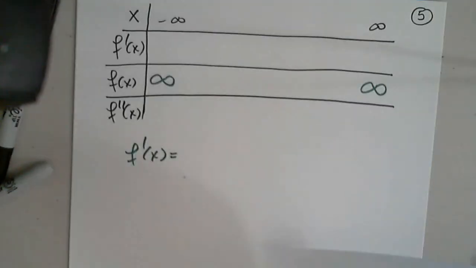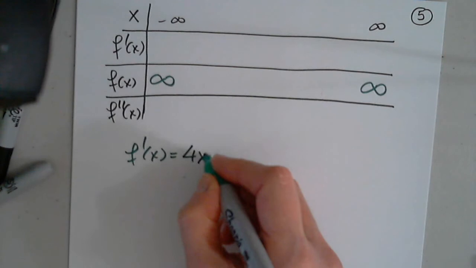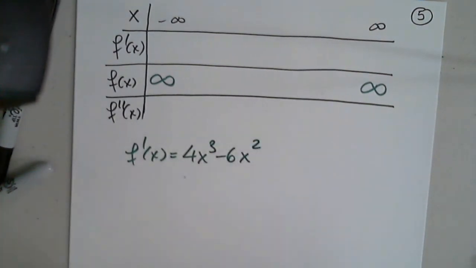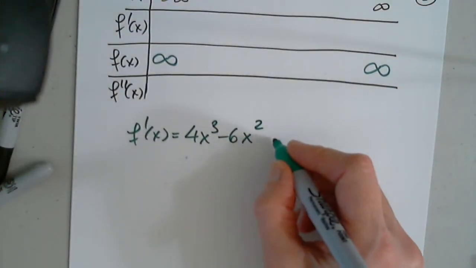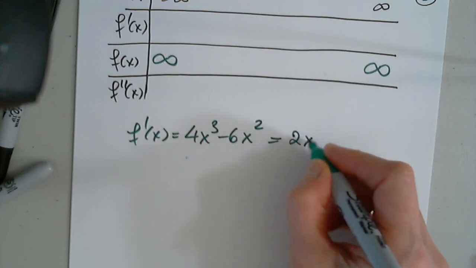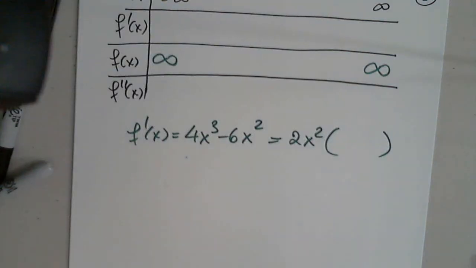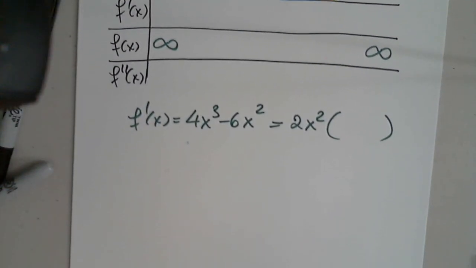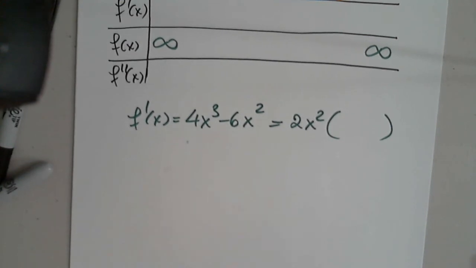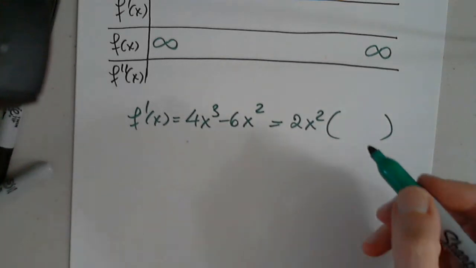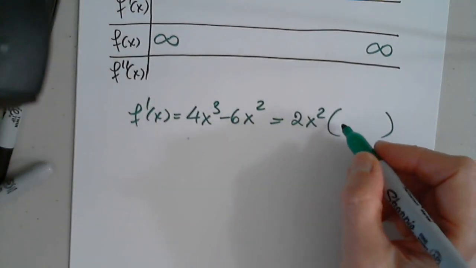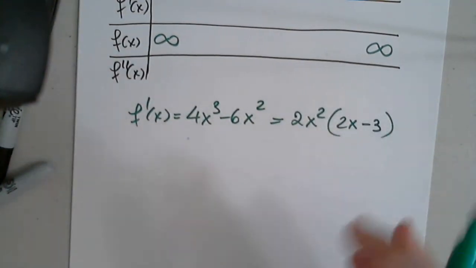Four x to the third minus 6x squared. Perfect. I will immediately factor out 2x squared, because we have to. And tell me what you have left in parentheses. 2x minus 3. Very good.